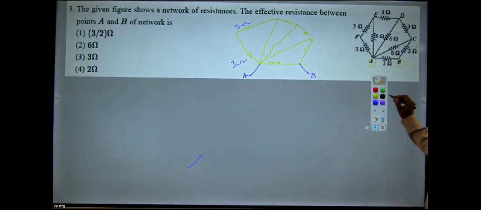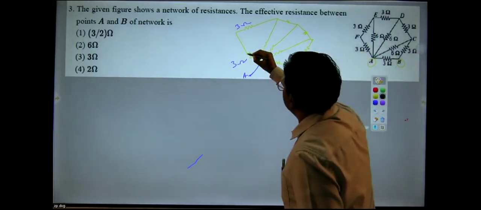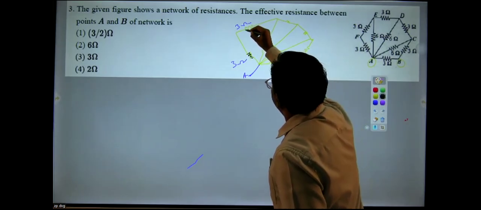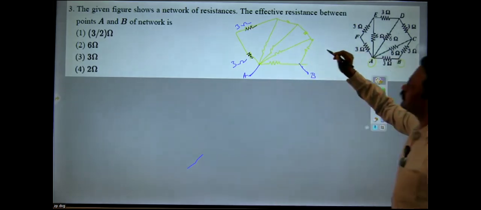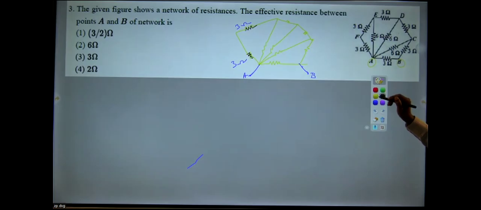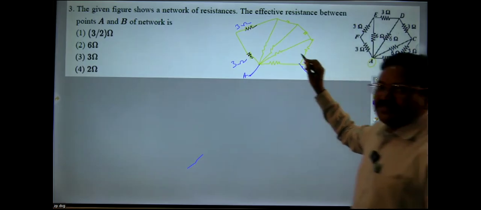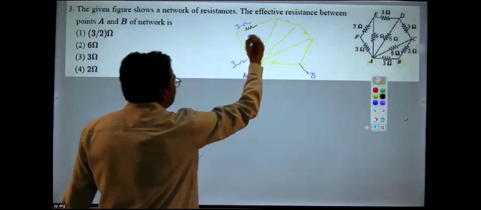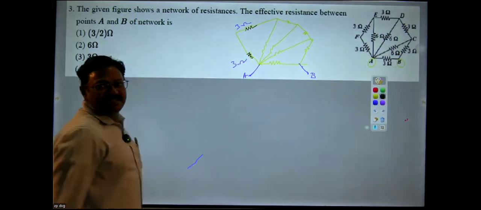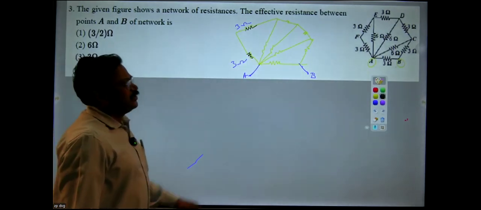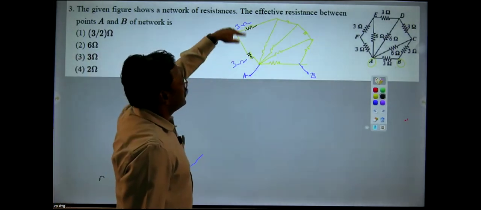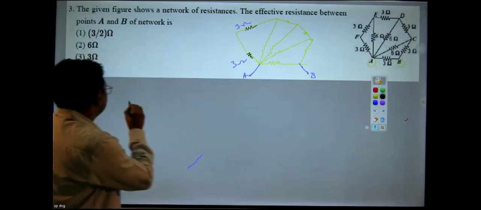If it is not, let me write these resistances here. Here is 3 ohm and here is 3 ohm. Got it. Now the 3 ohm and 3 ohm resistors here are in series combination.